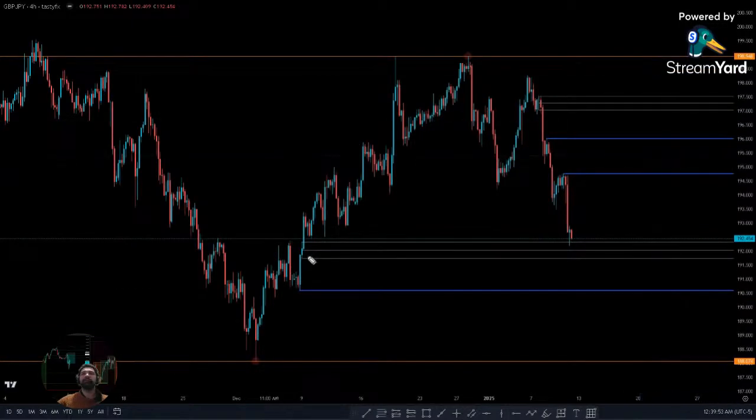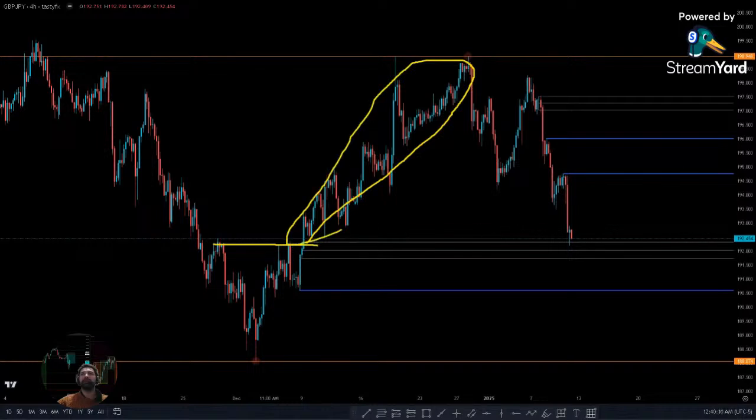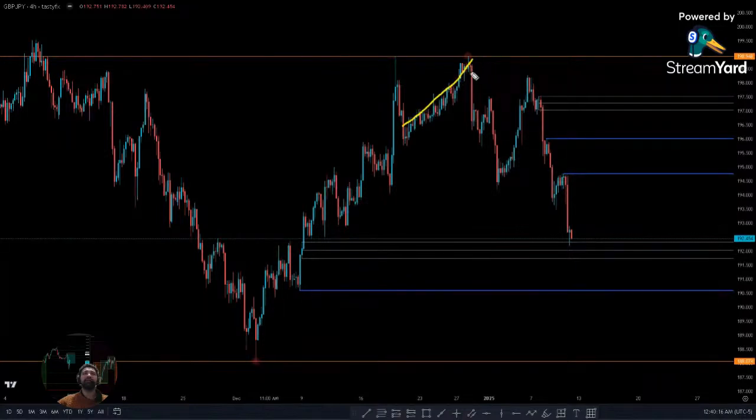So GBP JPY right here, there was a breakout that happened, price pulled back, and you can see the way price broke out of the structure and gave us a good move on the upper side. Then there was a sell-off after that, and you see how extensive this corrective move was.